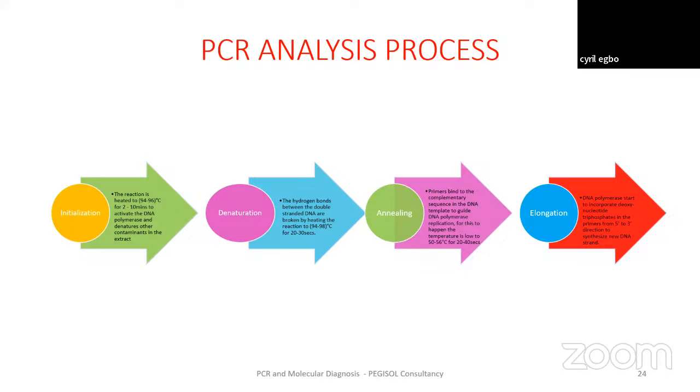After which annealing is programmed for between 50 to 56 degrees to enable primer to bind to the complementary target sequence, for instance, either the RNA template, as the case may be. Then after which extension starts. After the primers bind to either 3' or 5', then extension or elongation starts, and it takes a shorter time to achieve this. So this is the PCR process.